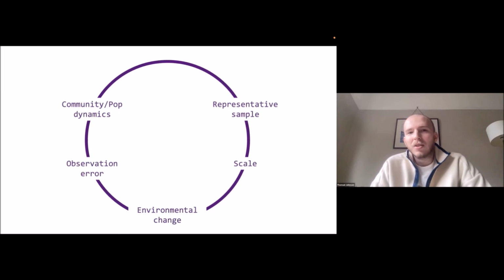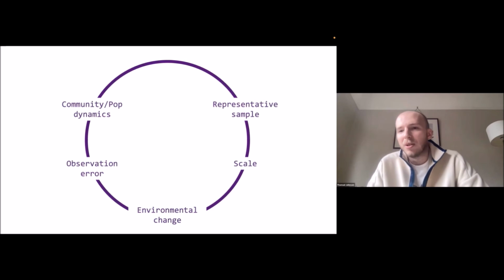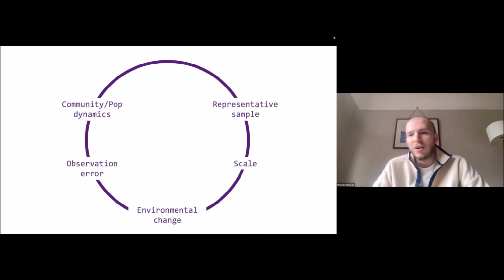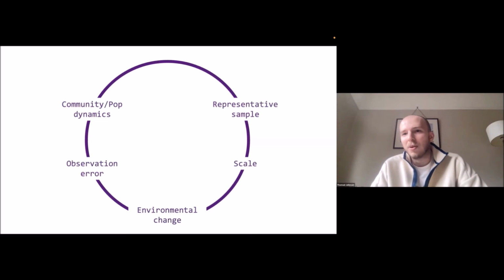And if we're ignoring that, that's got pretty big implications for how you'd expect populations to change in, say, protected areas, where you wouldn't necessarily expect to see any recovery because it's probably already at carrying capacity.